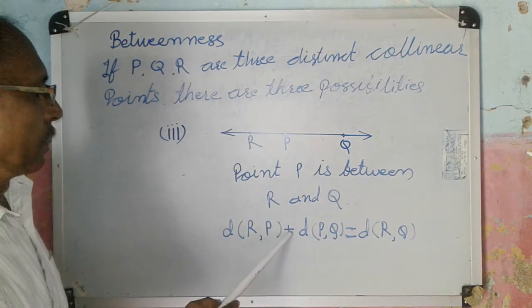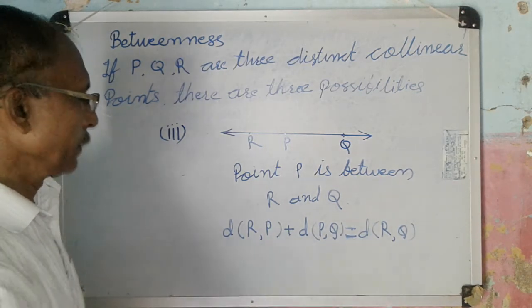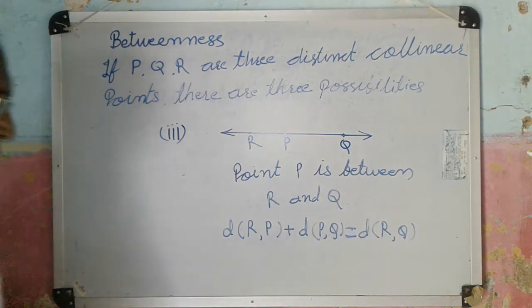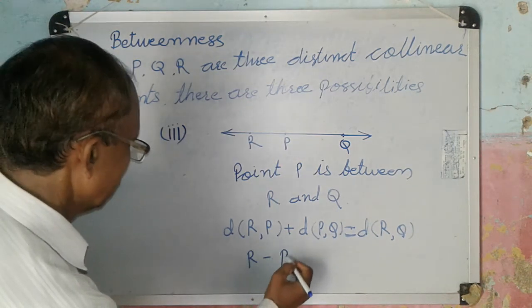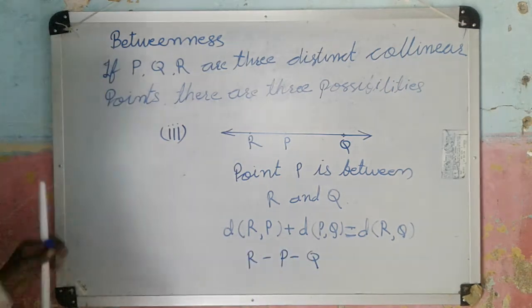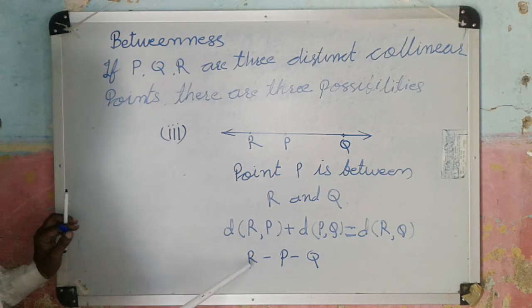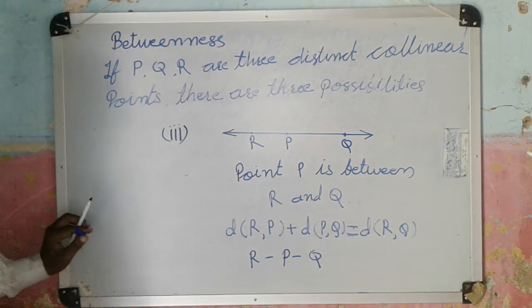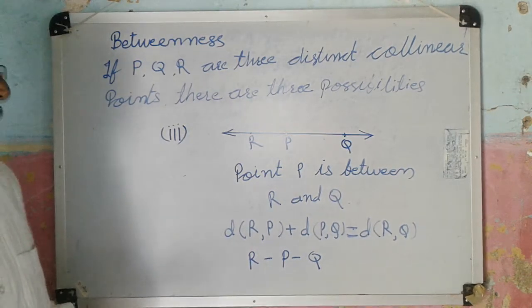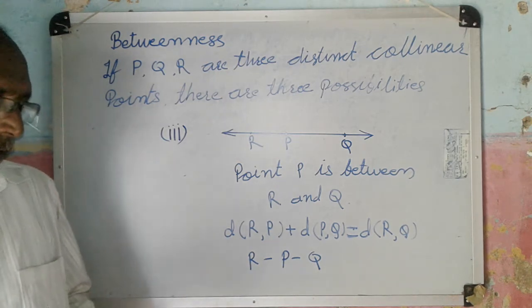And this possibility can be written like this: R-P-Q. This means point P is between point R and Q. For any three collinear distinct points, these three possibilities are there.